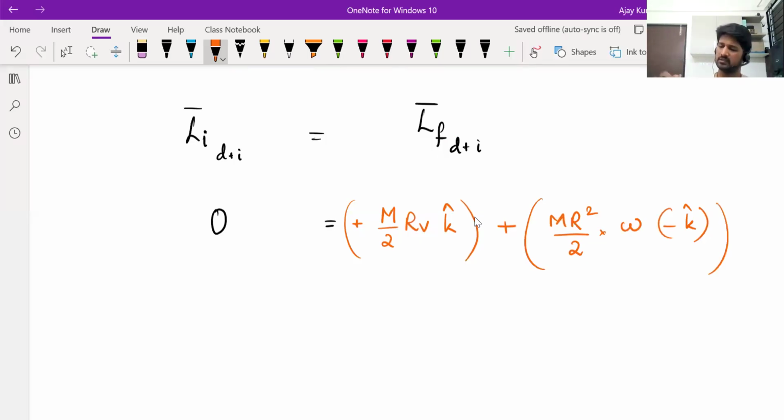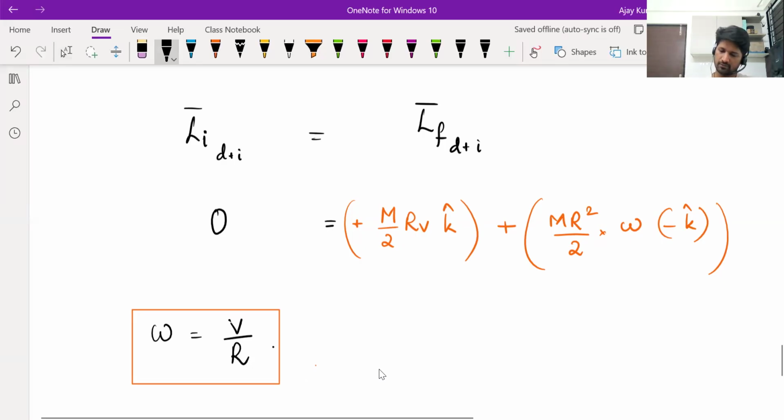Insect was anti-clockwise, disk is clockwise. That negative term you send this side. m will get cancelled, r will get cancelled, 2 will get cancelled. You will get omega equal to v by r. That is the angular velocity with which the disk rotates when the insect walks along the edge of the disk.